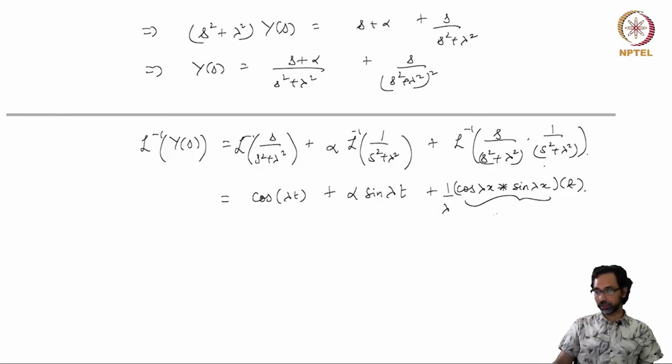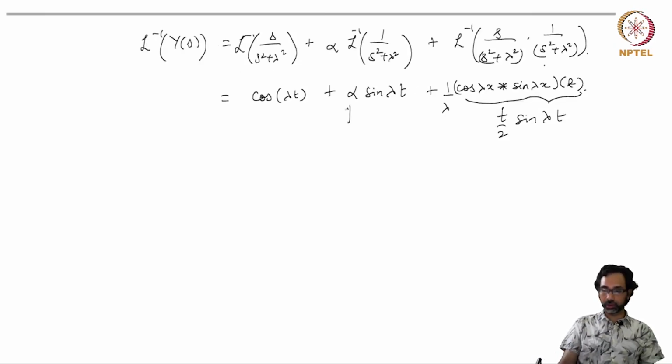If you evaluate this, the whole convolution gives you t by 2 lambda sine of lambda t.